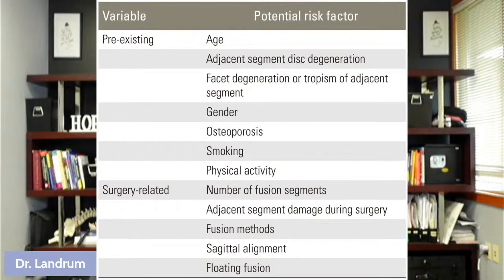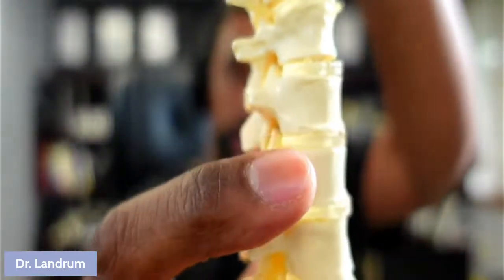So one of the things that we know can be a problem is age. That certainly can make it much more likely that you have this type of problem. The second is if you already have disc degeneration in the areas around the fusion before you even do the fusion. So if you know that you have narrowing that's present, and I think the phrase disc degeneration scares a lot of people because they think that the discs in between the areas of the bone, right, are starting to crumble to dust and just disintegrating.